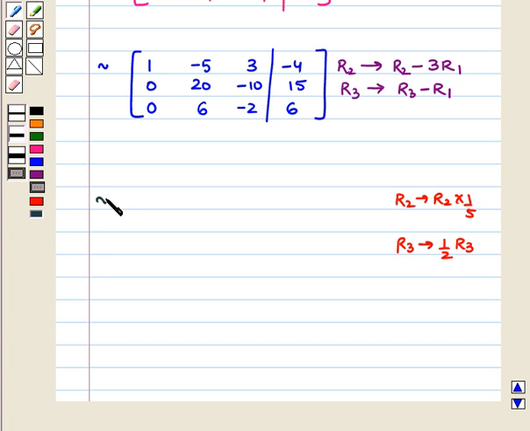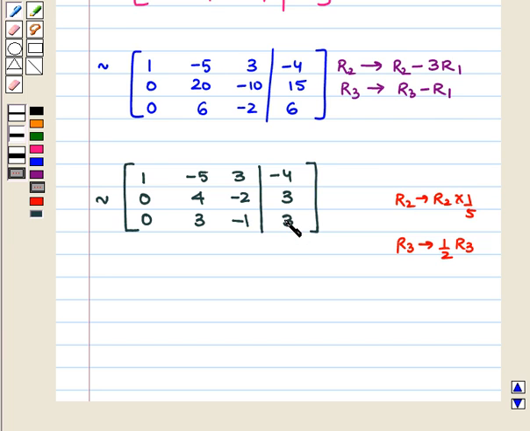And hence we obtain the matrix where the first row entries are 1, minus 5, 3 and minus 4. The second row entries are 0, 4, minus 2, 3. The third row entries are 0, 3, minus 1, 3.